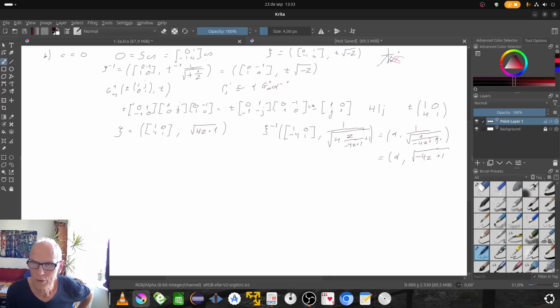Minus 4z plus 1 lies in minus h. So 1 divided by it lies in h. So the square root is up here. Now minus z lies down here.